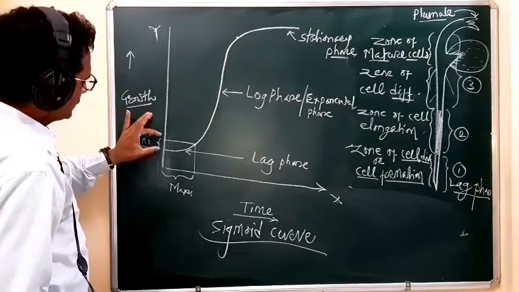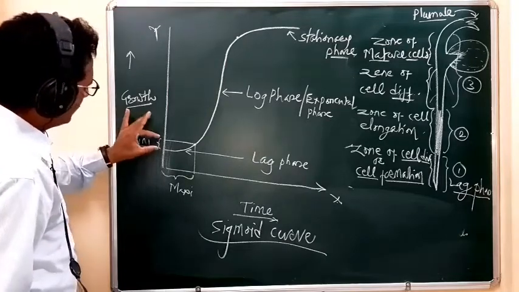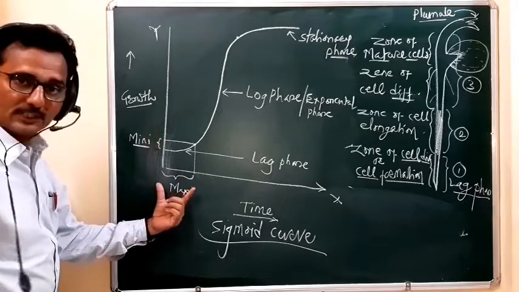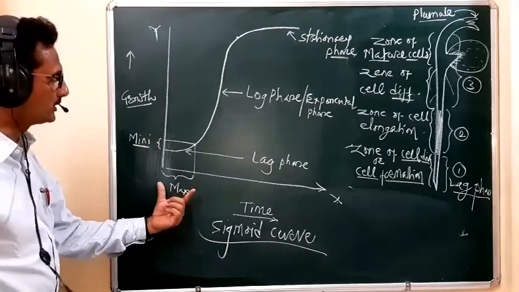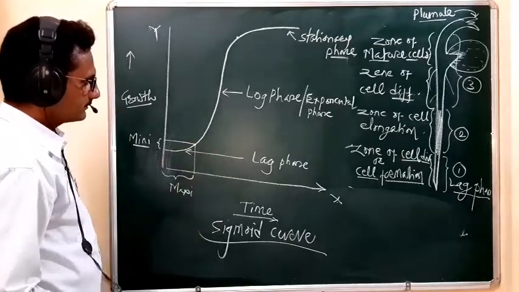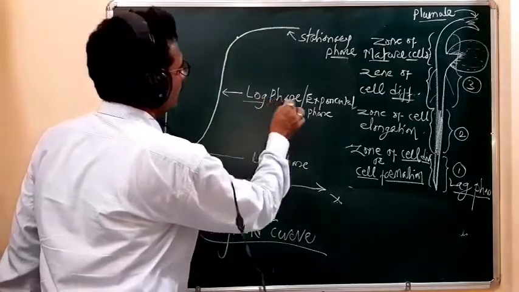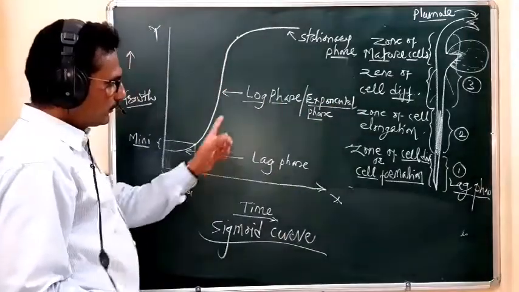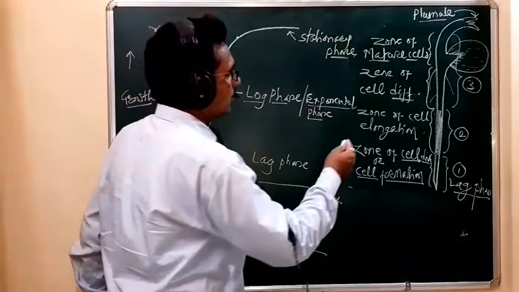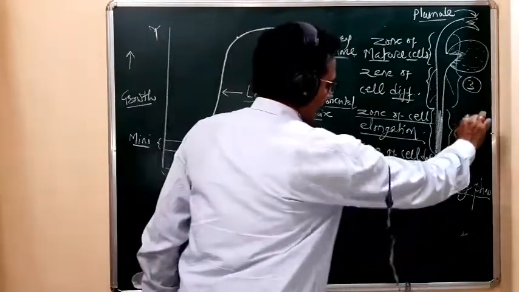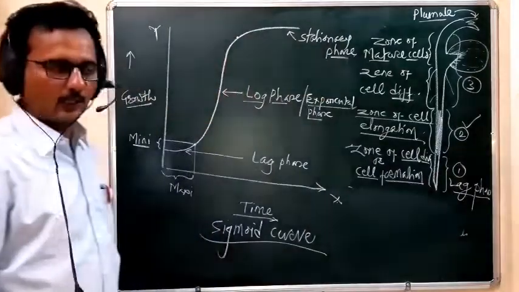So this is the minimum growth, and for the formation of this minimum growth, the maximum time is required. But in case of the log phase, or exponential phase, it includes the zone of cell elongation.